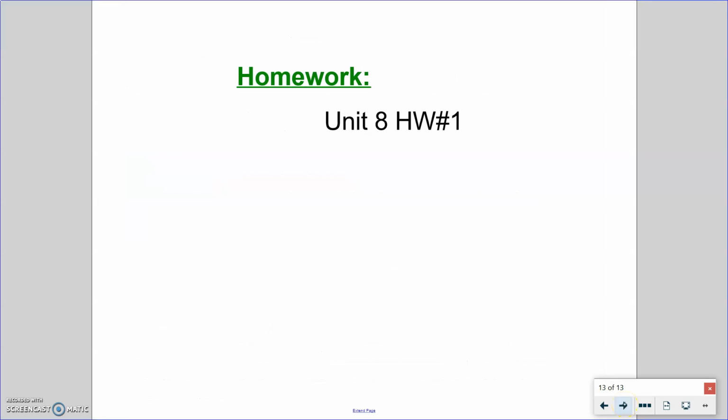What I want you guys to do, though, now that you're done looking at the video, is try to do homework number 1. Really, it's okay if you're using the answer key a lot for this first homework assignment. I want you to really try to wrap your head around why these things make sense. I know you don't know how to find p-values. You don't know how to set up the situation or where some of these numbers are coming from.